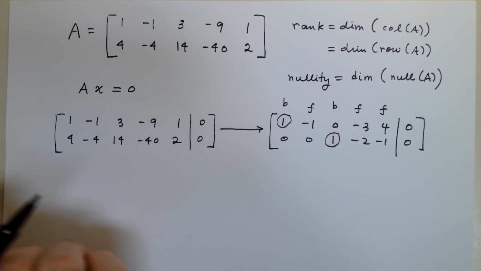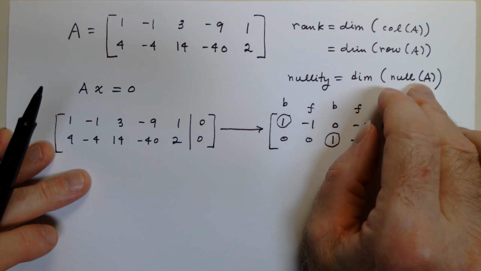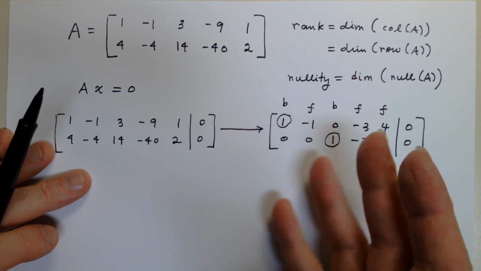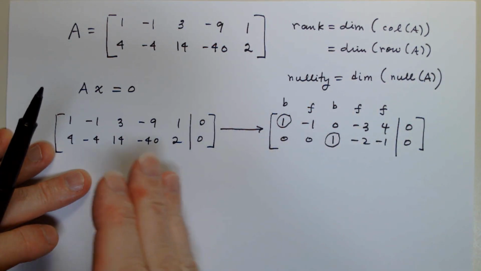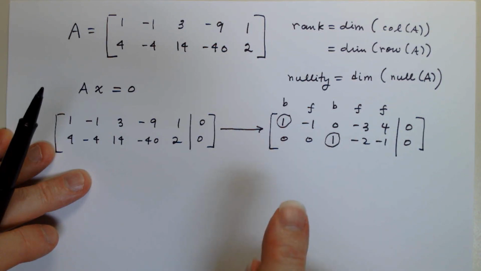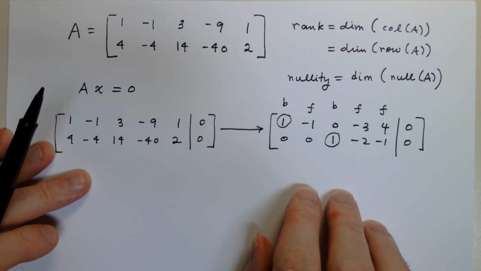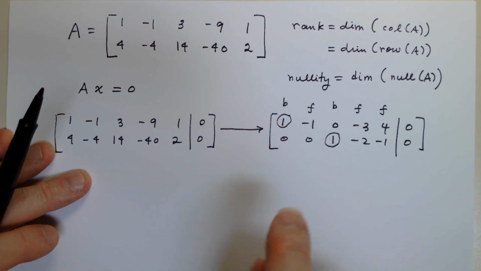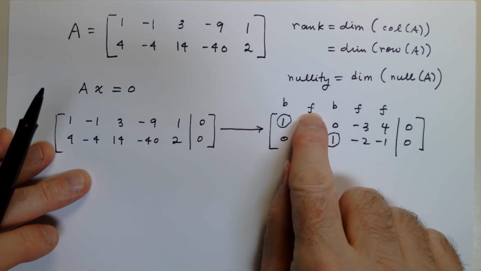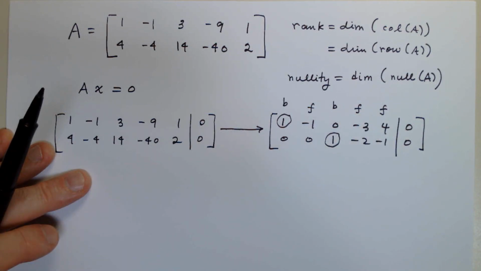Now, if we were asked to produce a basis for the null space, we'd have to continue to work with this system of equations and write out all of the equations. But without writing out an explicit basis for the null space of A, we know that we're going to get a basis vector, right, one for each of the free variables that are present.